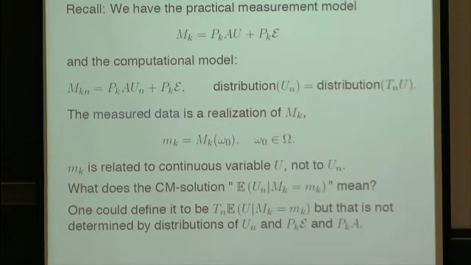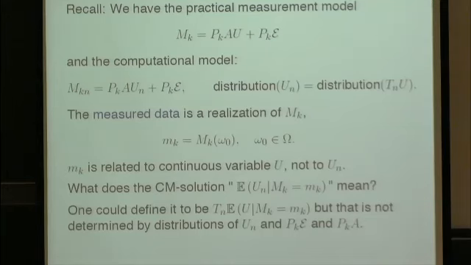My measurement is this: I have basically a continuum measurement, and then I have measured it with a device having a finite number of pixels. And the data is a realization. So these are all random variables. The measurement is a realization of the random variable Mk at an element of the probability space.